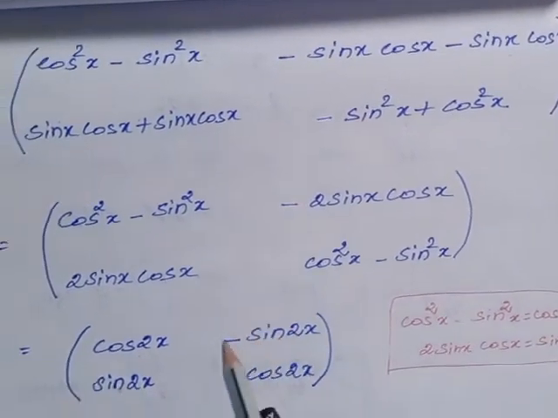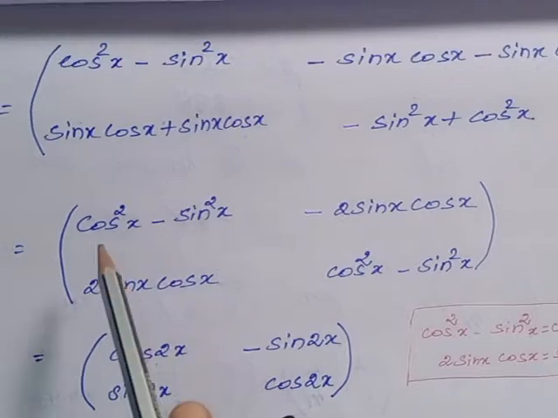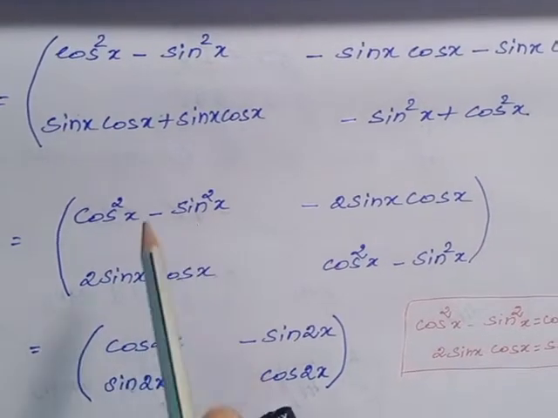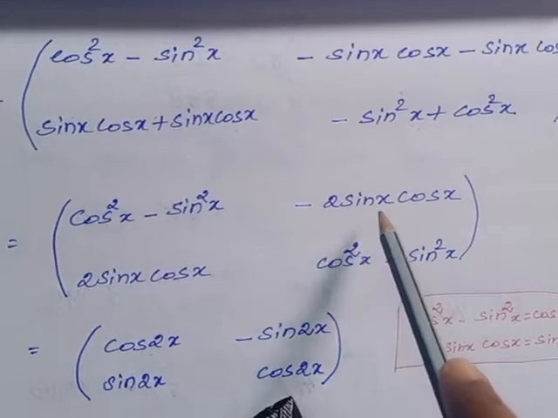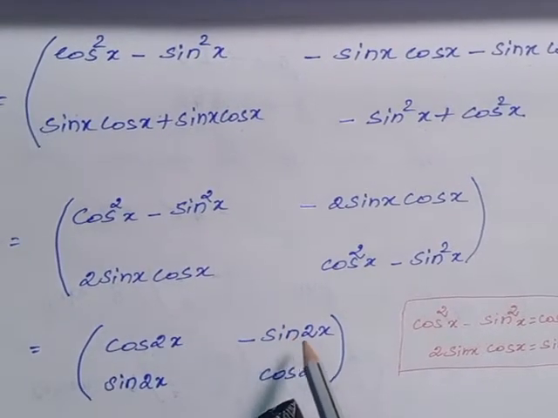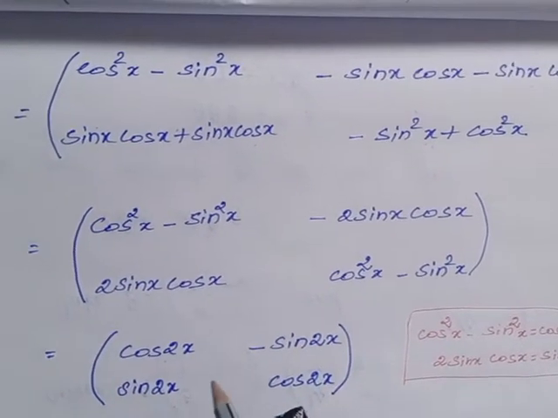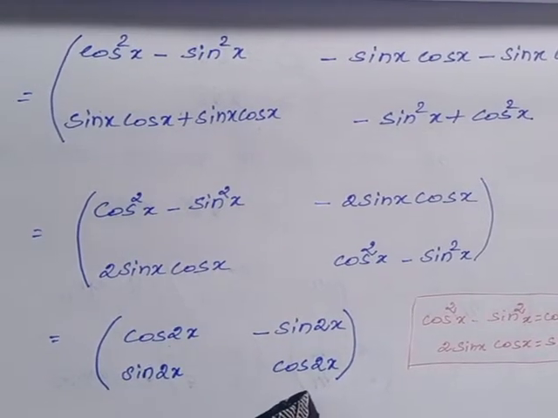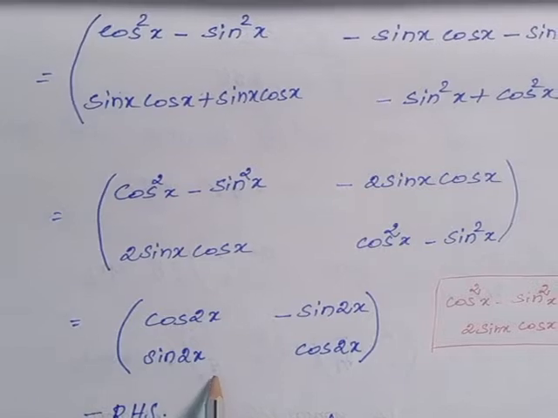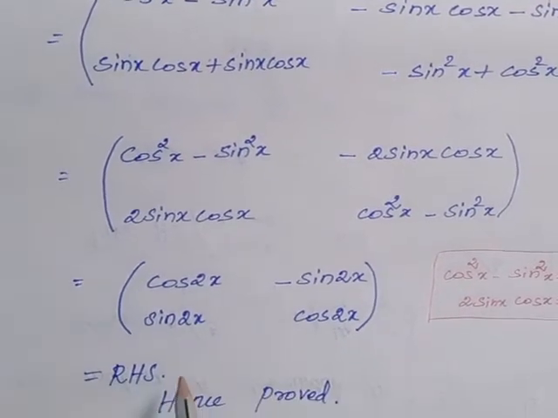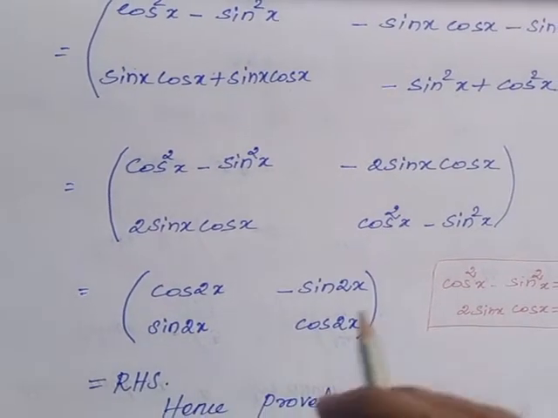So you just have to apply the formula here. So cos square x minus sin square x can be written as cos 2x, and minus 2 sin x cos x is minus sin 2x. So we get the result: cos x cos 2x minus sin 2x cos 2x. This is the RHS. Hence it is proved.